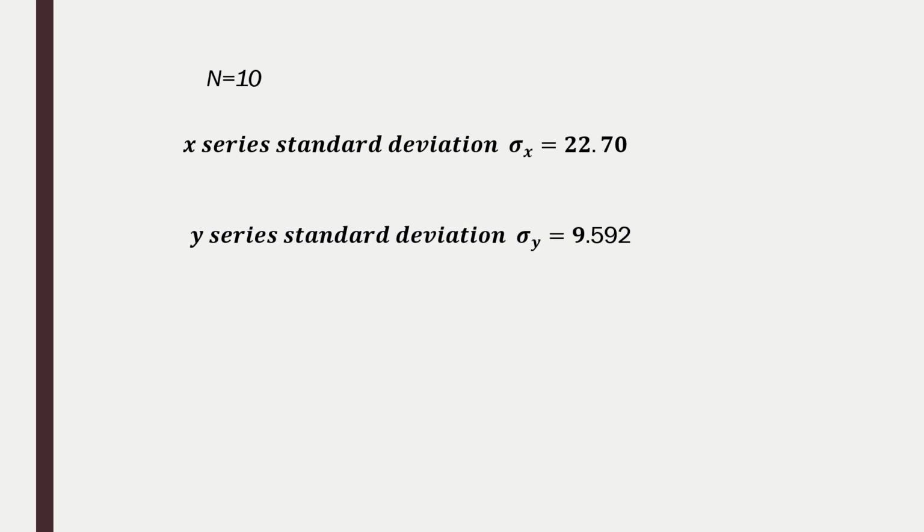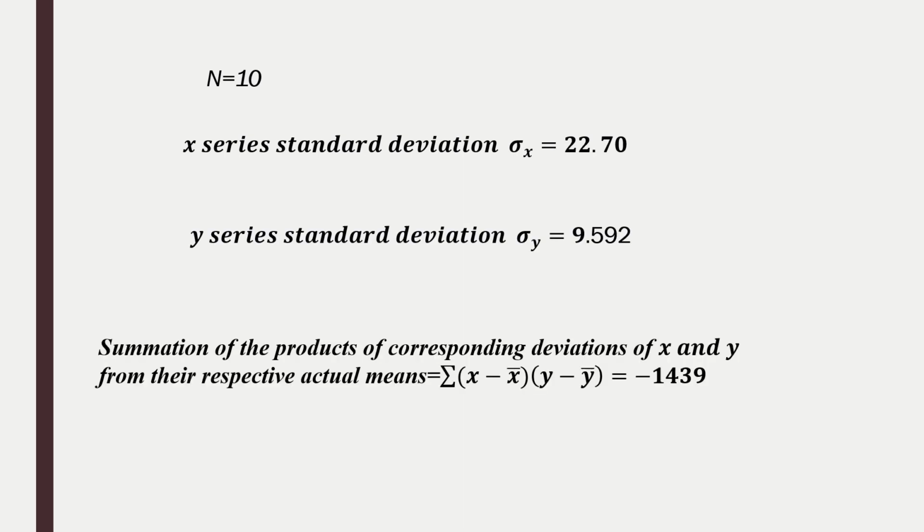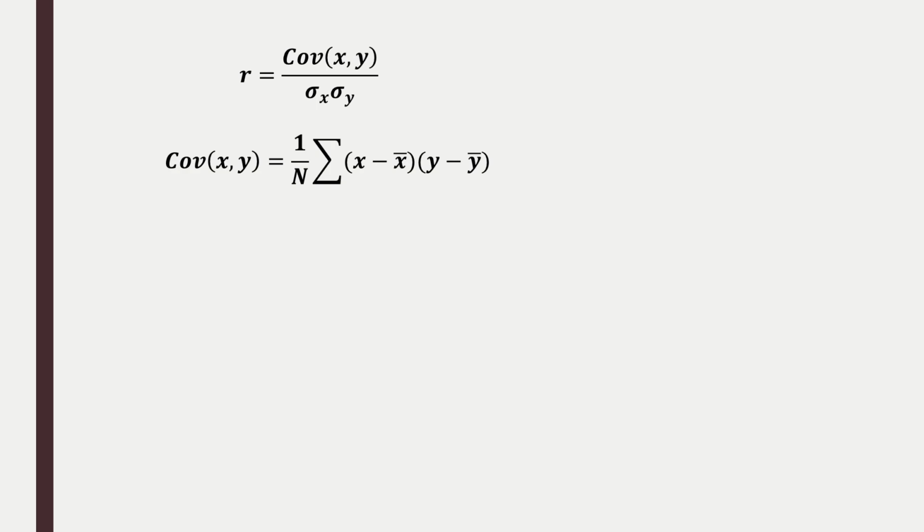So we are given n is equal to 10, sigma X is 22.7, sigma Y is 9.592 and summation of X minus X bar into Y minus Y bar is -1439. Calculating covariance first. -1439 upon 10, since -1439 is given as the value for summation X minus X bar into Y minus Y bar.